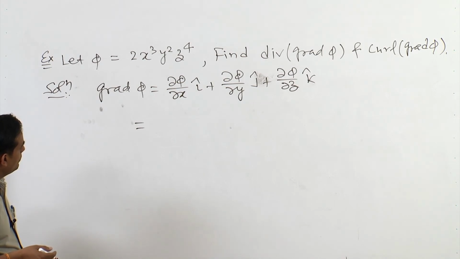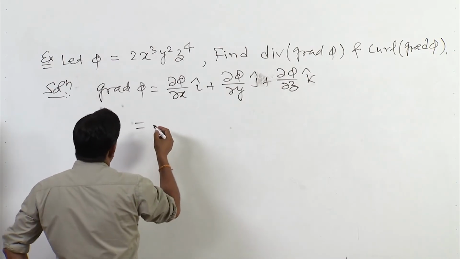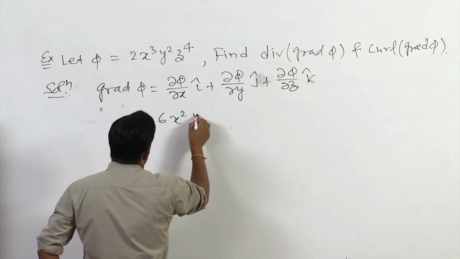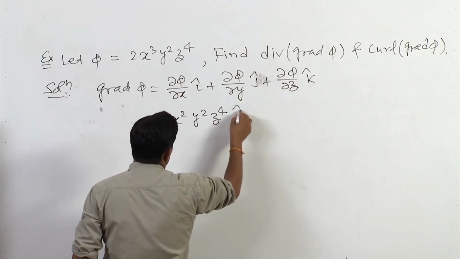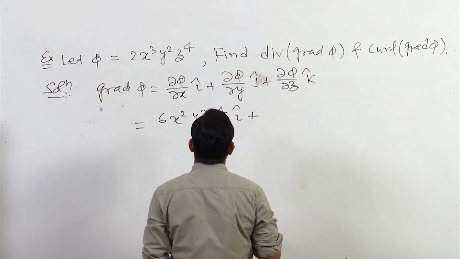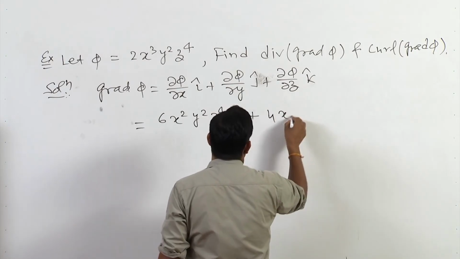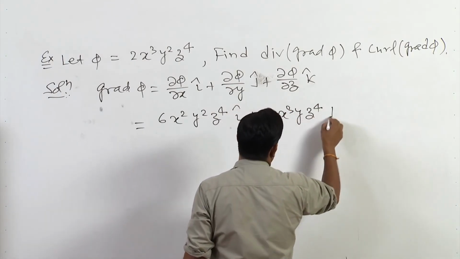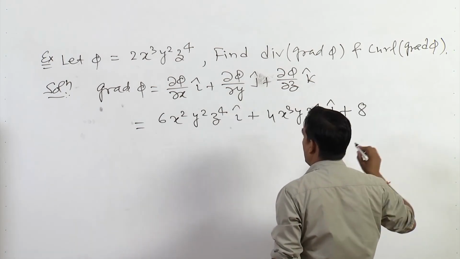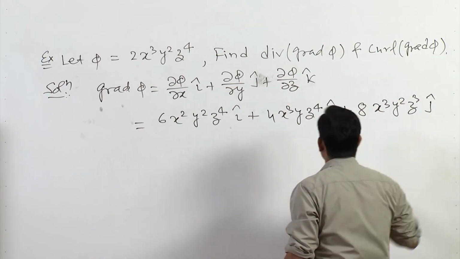So, del phi over del x is 6 x square y square z raised to power 4 i, plus del phi over del y, which will become 4 x cube y z raised to power 4 j, plus 8 x cube y square z raised to power 3 k.